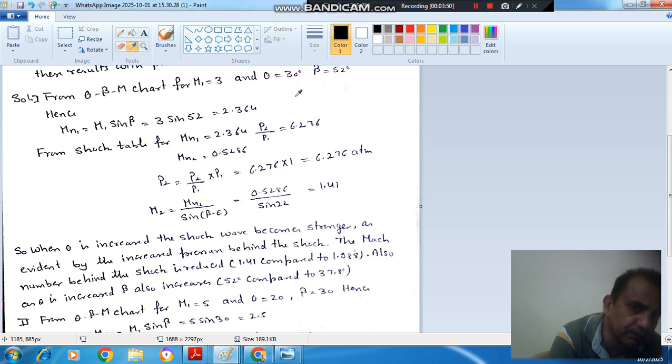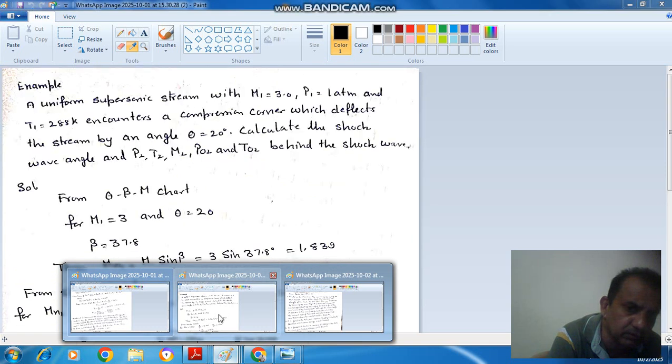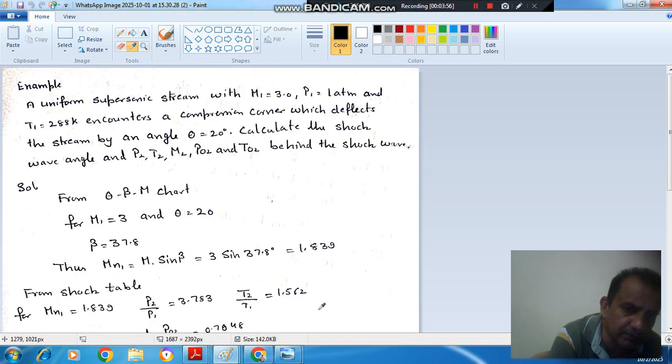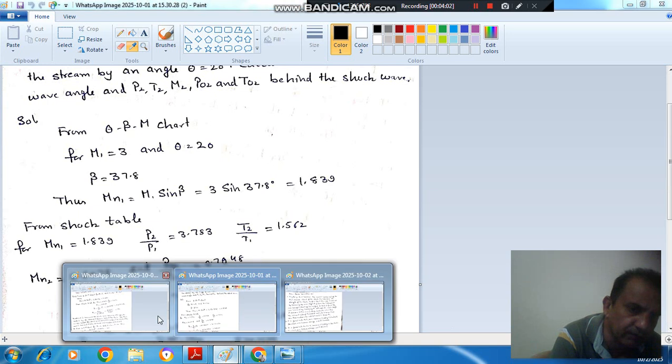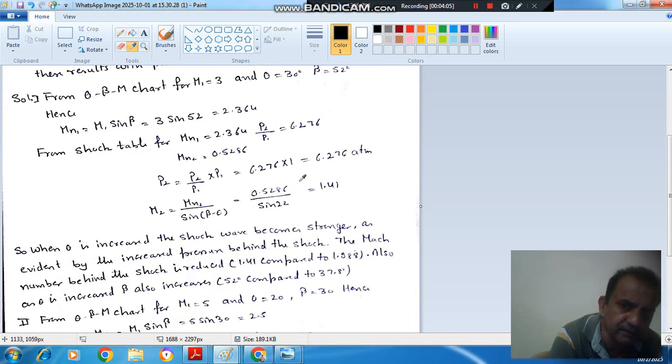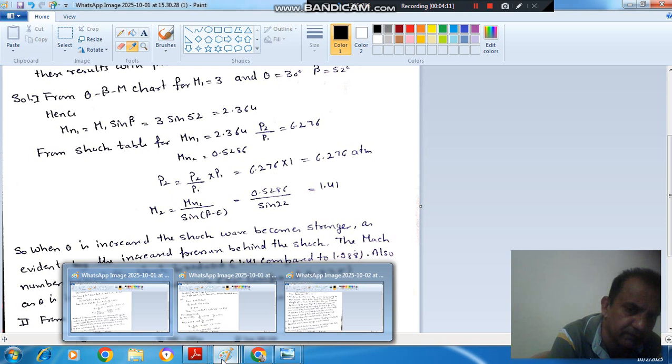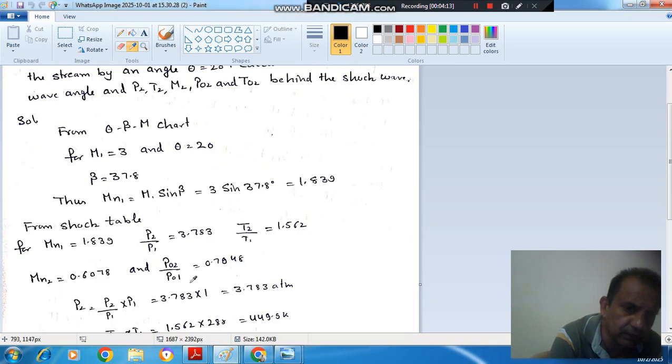In the previous question we got the final pressure as 3.783, and here we have got the pressure as 6.276, and here the Mach number we have got is 1.41, and in the previous question we got it as 1.98.